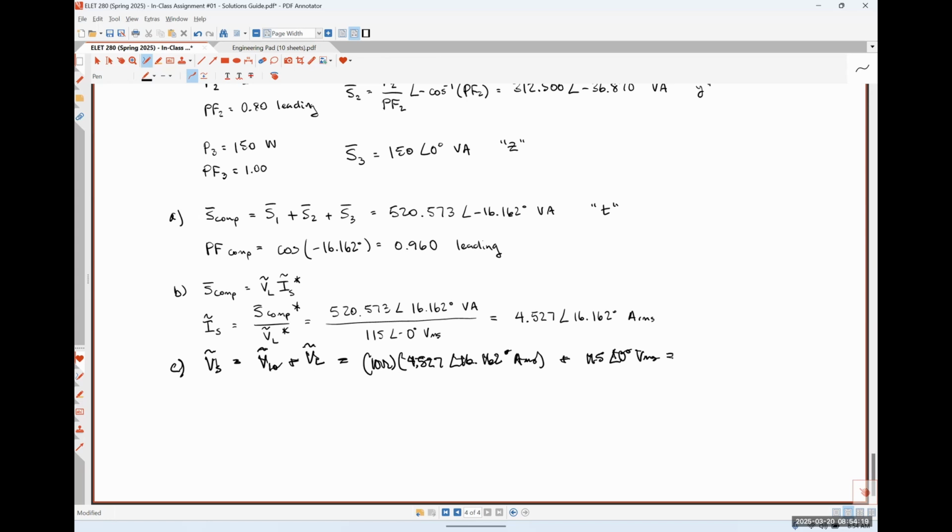So when I put that into my calculator, I got 158.978 with an angle of 4.546 degrees volts RMS.